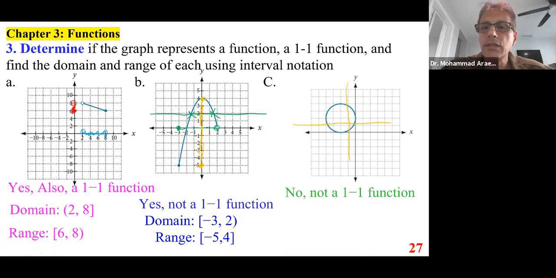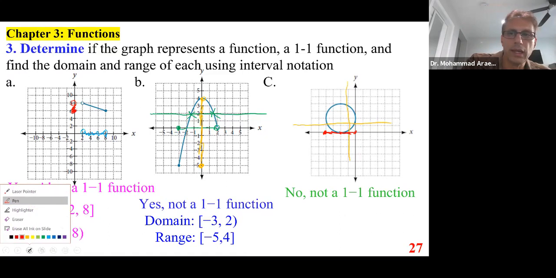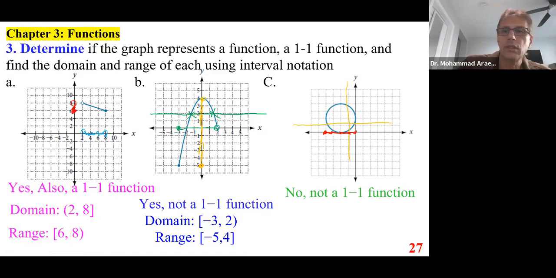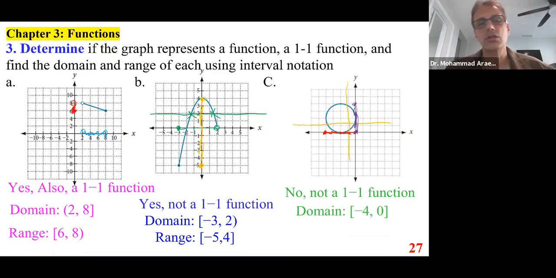Along the x-axis, I hope you see that covers here to here, and along the y-axis, it covers from here to here. And so domain -4 to 0, range 0 to 4, and the endpoints are also included.